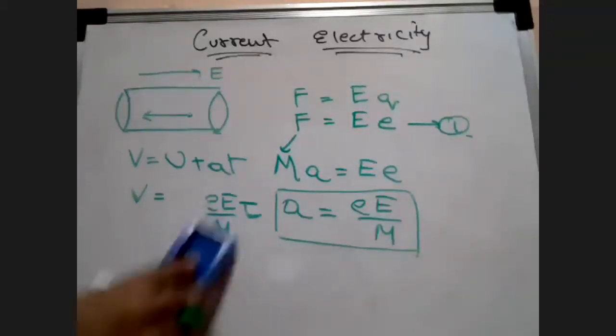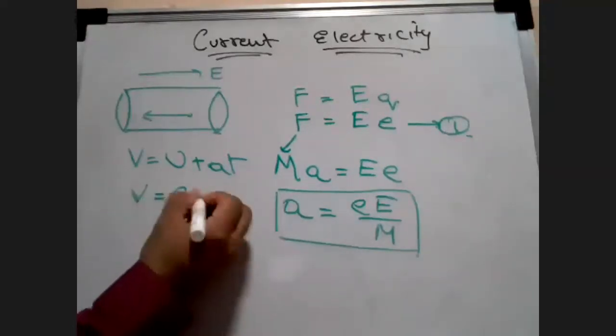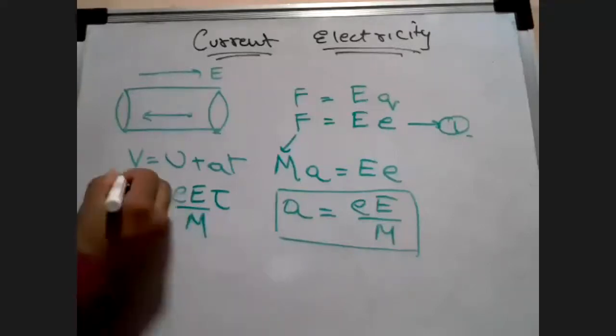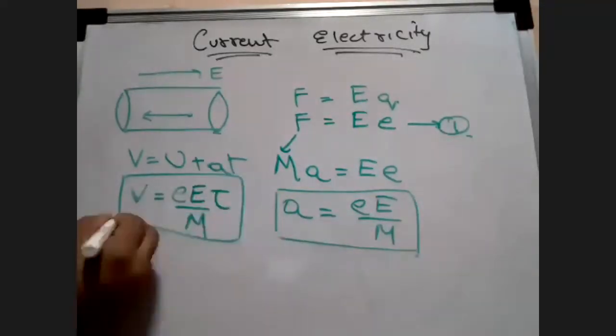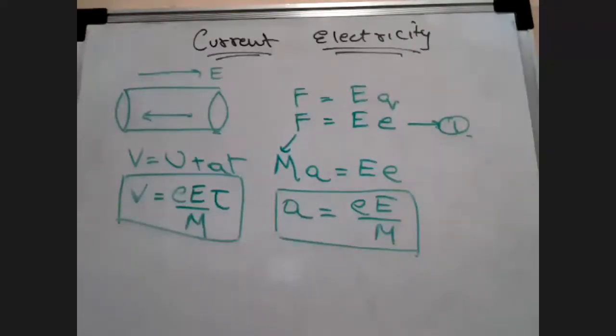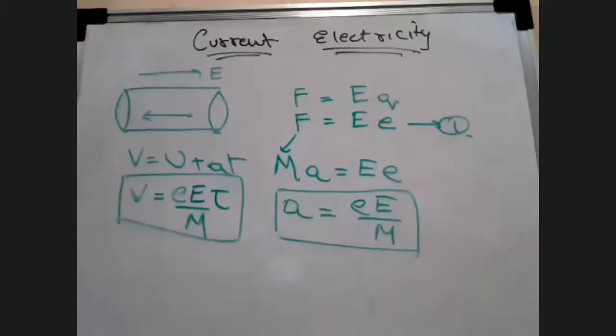This is velocity, by the way. So you got two formulas. This tau is basically the relaxation time, the time between two collisions when the electron passes through a conductor.